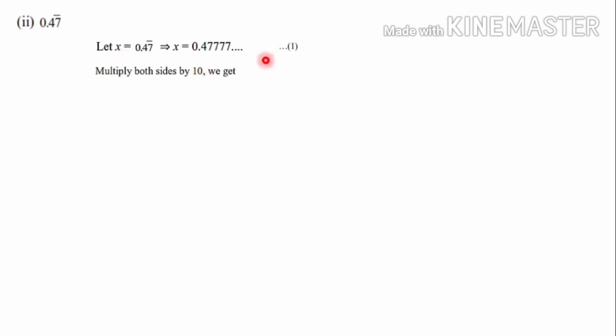When you multiply 10 with equation number 1, we will get 10x equal to 0.4777 into 10. When you multiply 10 with this decimal number, the decimal will move forward one digit, means the decimal will come after 4. So 4.777 etc. Label this as equation number 2. As before, let's subtract it.